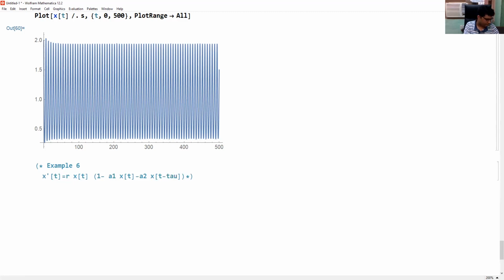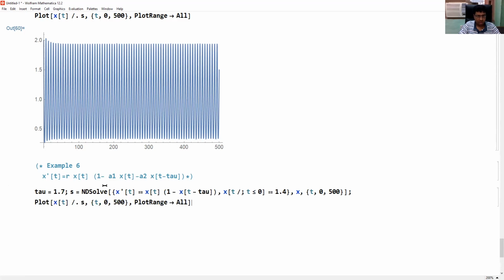This is our system. We will take particular values for a1 and a2. The condition is that a1, a2 should be positive. I'm taking a1 equal to 2, a2 equal to 1.